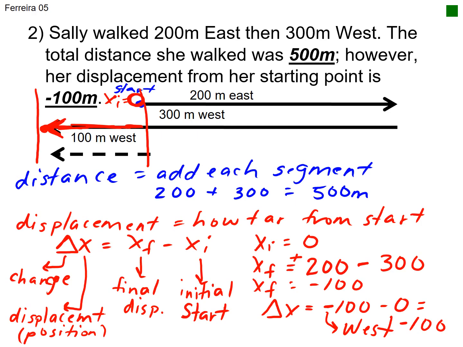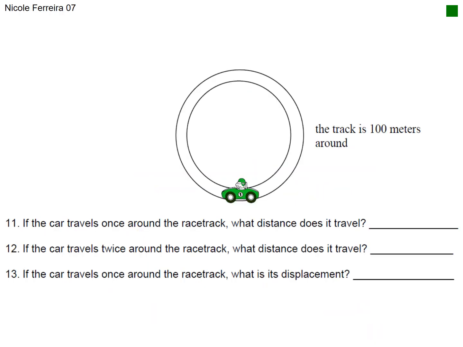So we'll do a few more examples. Here's another example. It says a little guy is going around a track. The track is 100 meters around. If the car travels once around the track, what distance does it travel? We're talking distance, and distance means add everything up.